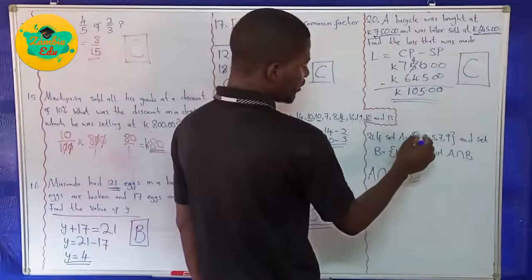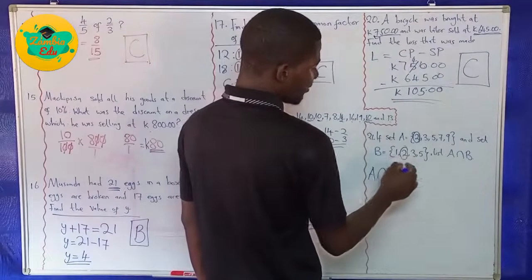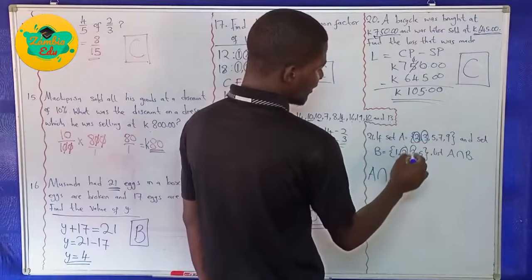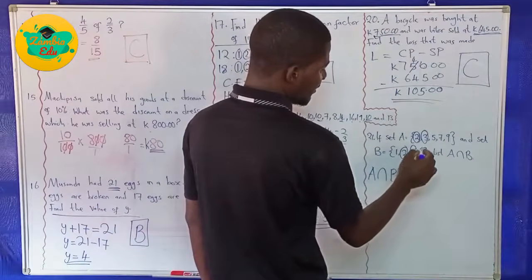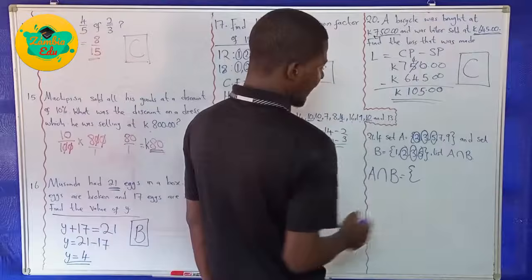So we're able to see 2 and 2 there, 3 and 3, 5 and 5.